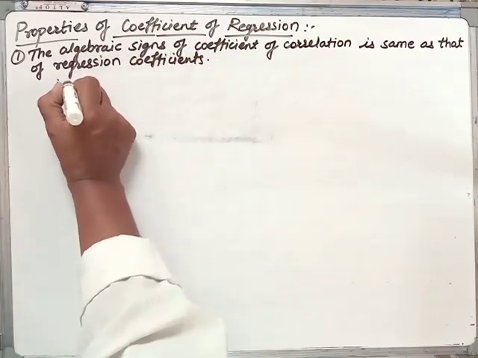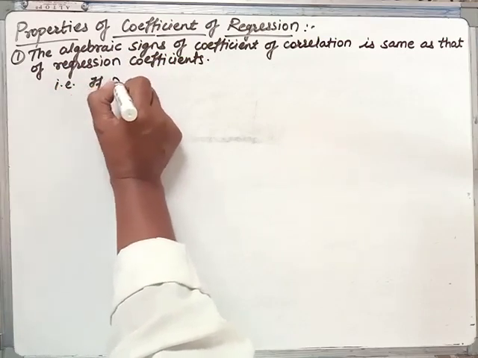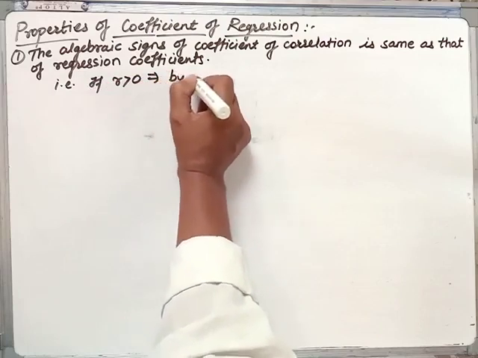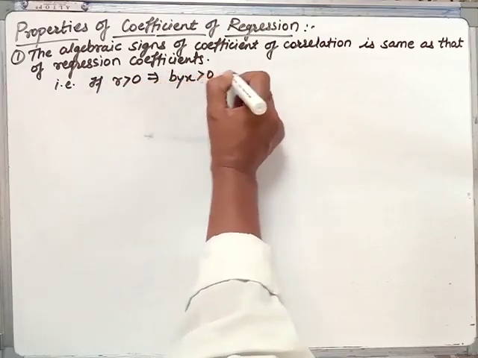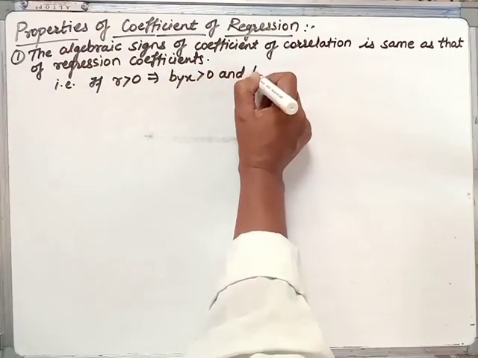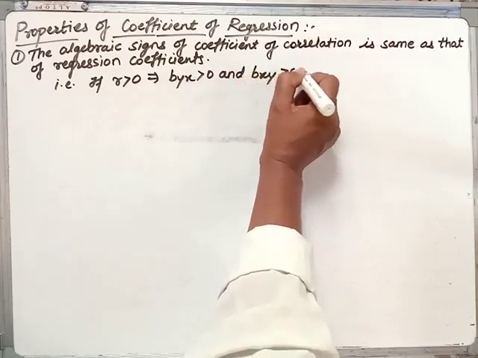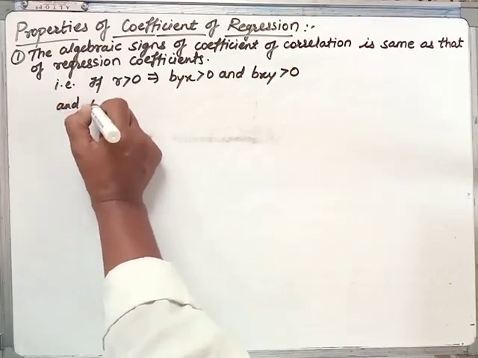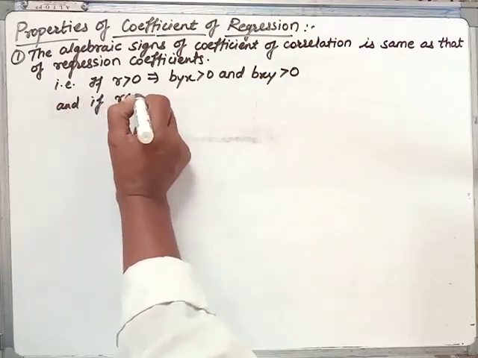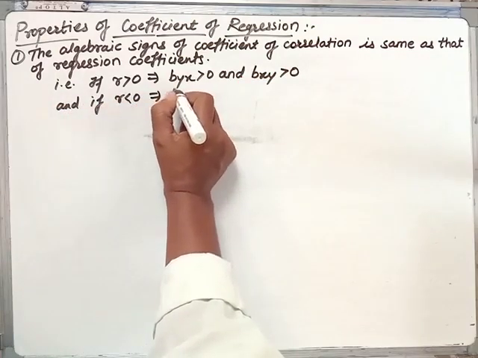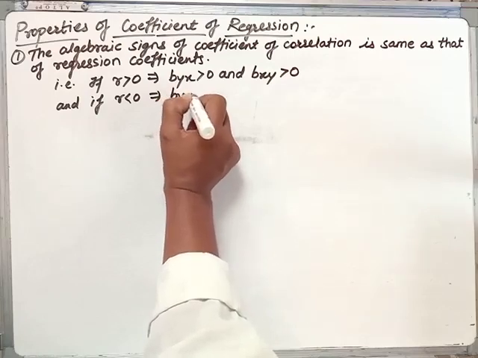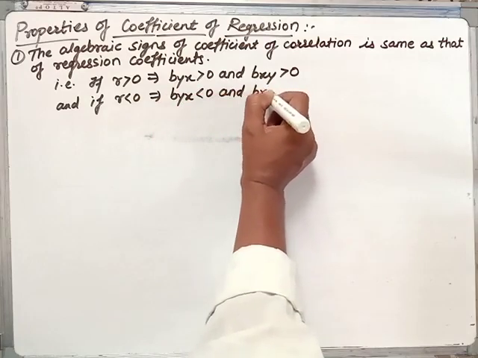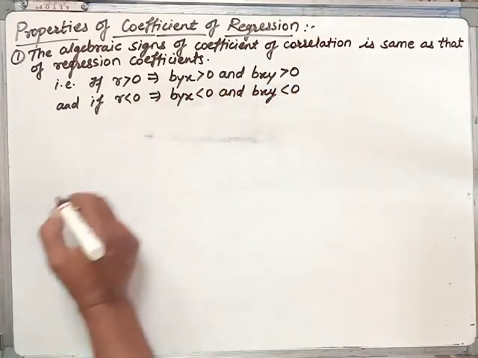That is, if r is positive, it says byx is positive and bxy is also positive. And if r is negative, it says byx is negative and bxy is also negative.